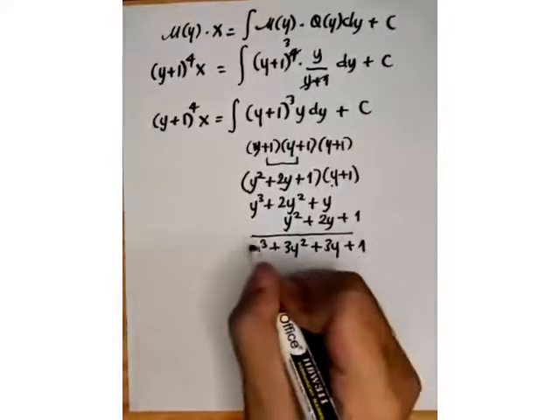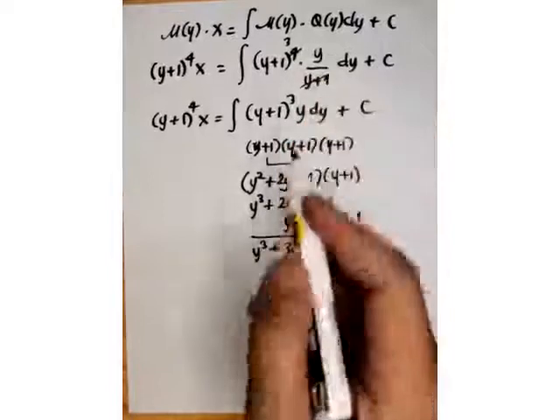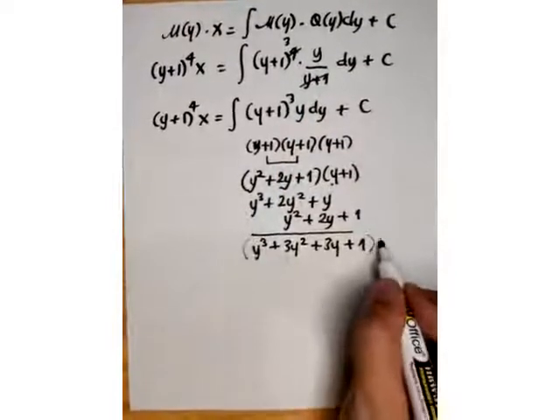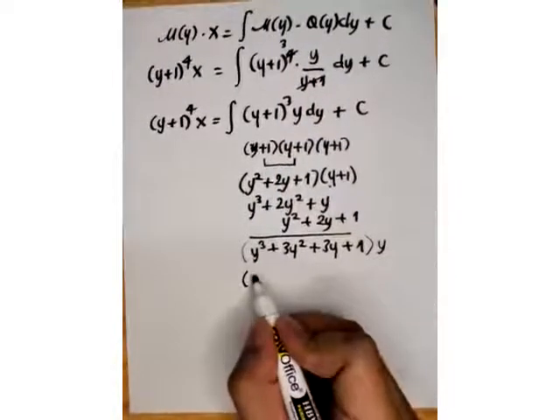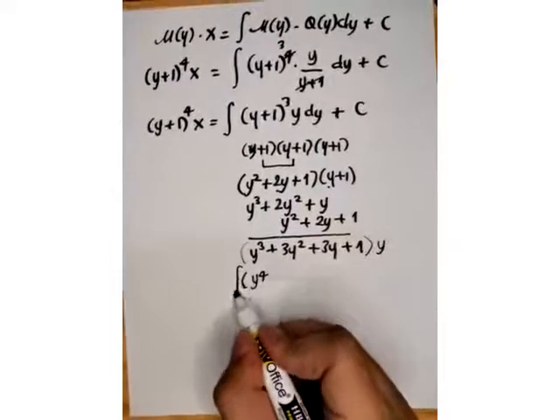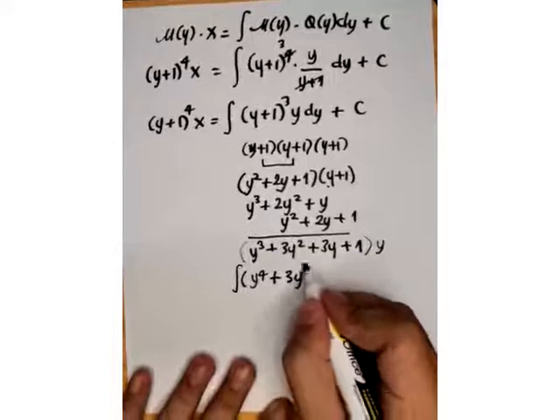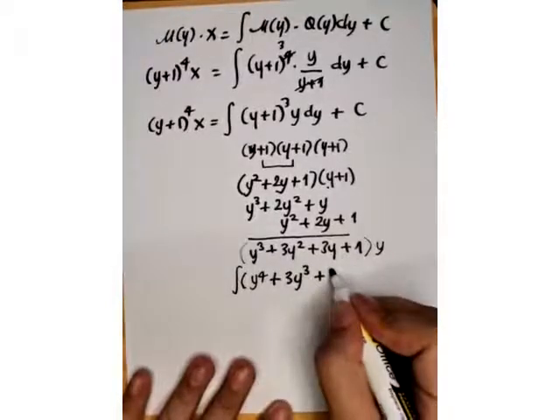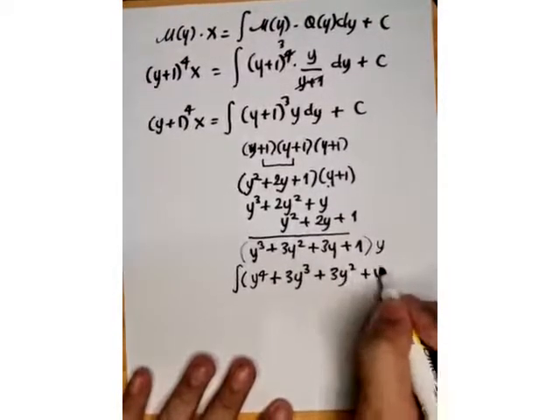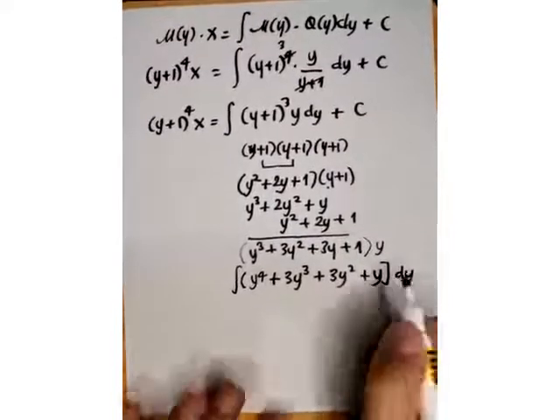Wala akong maisip talaga. O, sige. And then we'll multiply that with another y. So therefore, we'll have the integral of y to the fourth plus 3y cubed plus 3y squared plus y dy. Ayan.